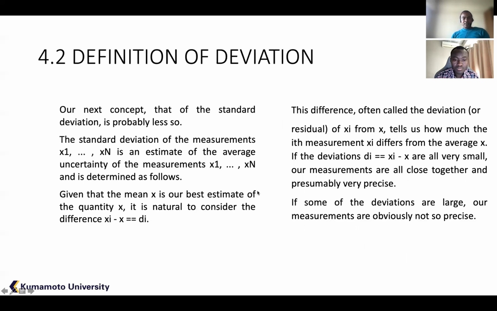So then, as the previous presenters mentioned, it's very difficult to estimate the uncertainties if you don't know how far the measurements differ from the mean. And that's where the standard deviation comes in. Those variations of the values from the mean, we call deviations.